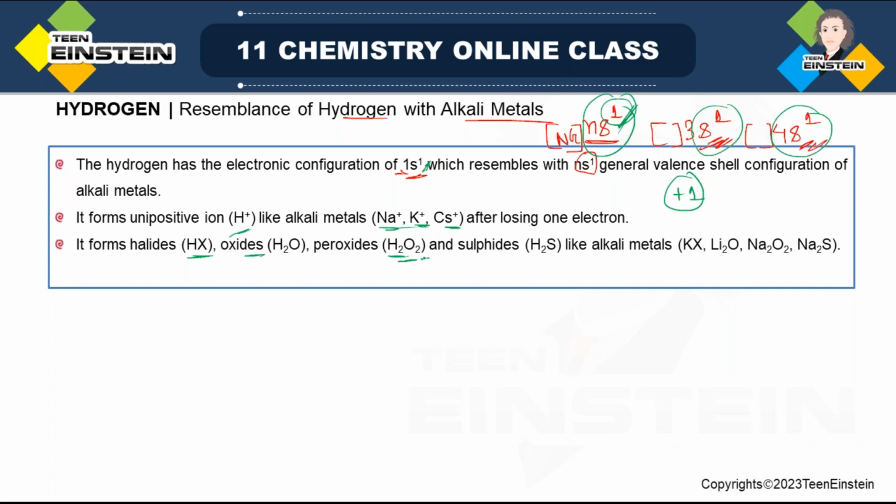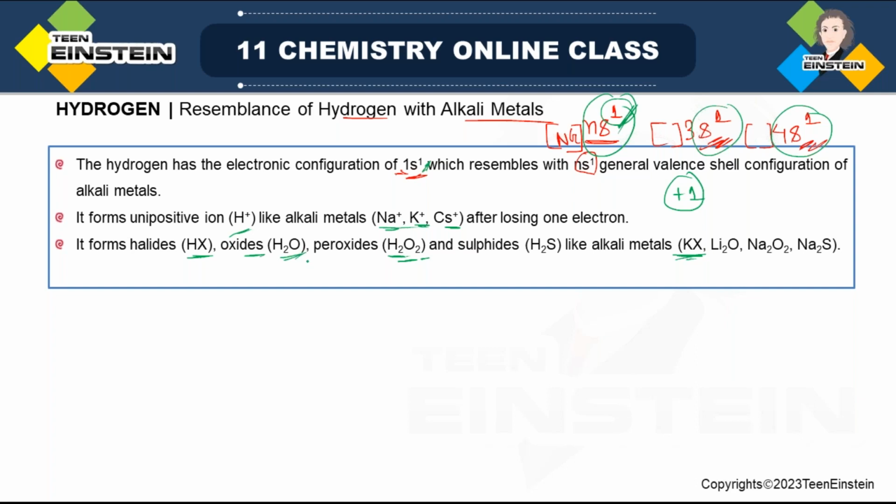Now alkali metals also form halides having the same type of formula, MX. It may be KX, or NaX, or LiX, where X is any halogen. So there is similarity in the formula.